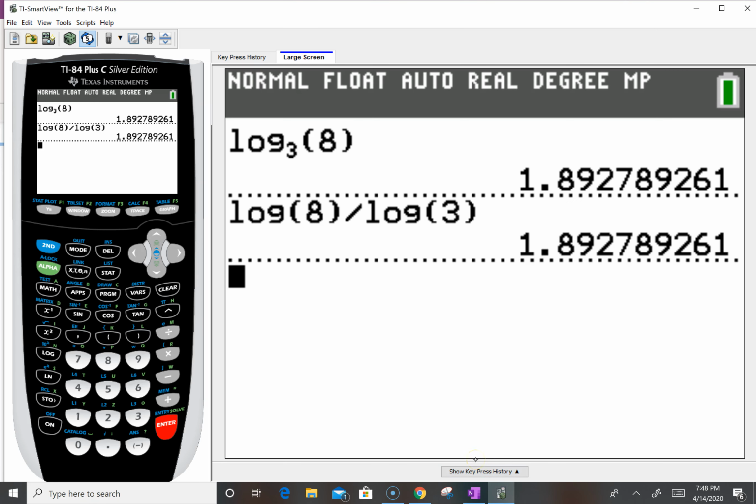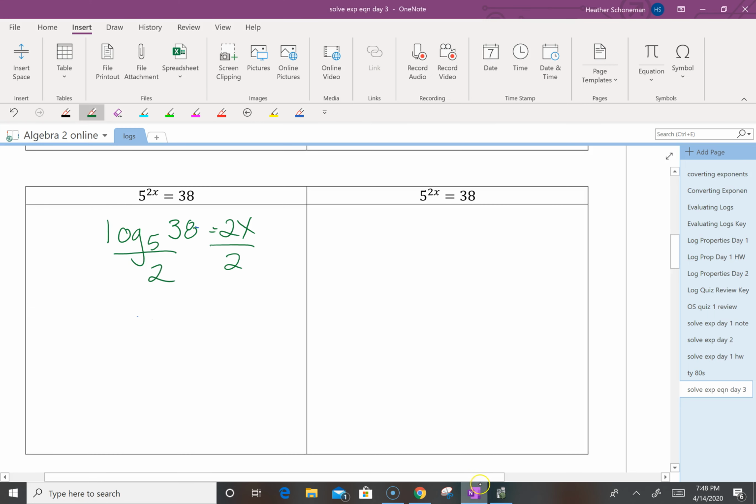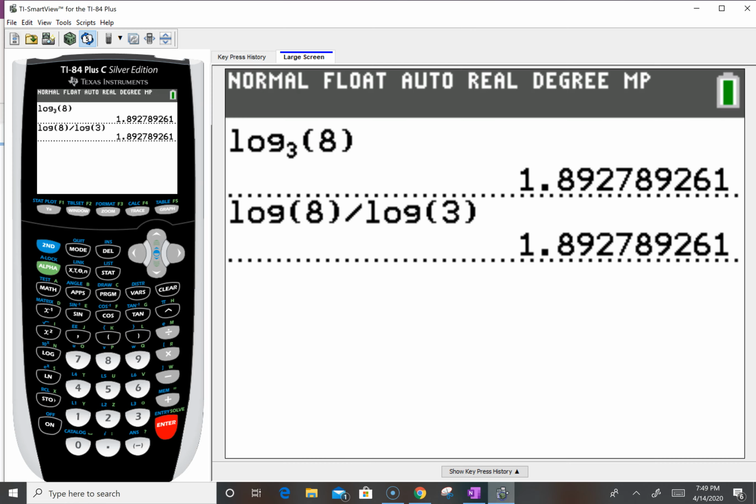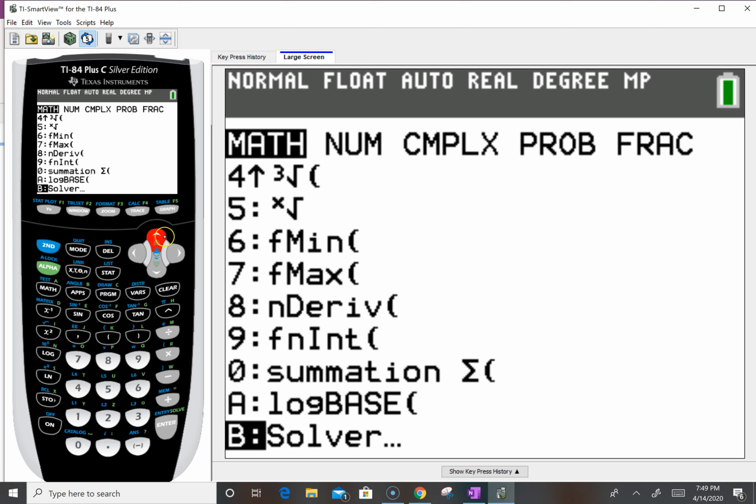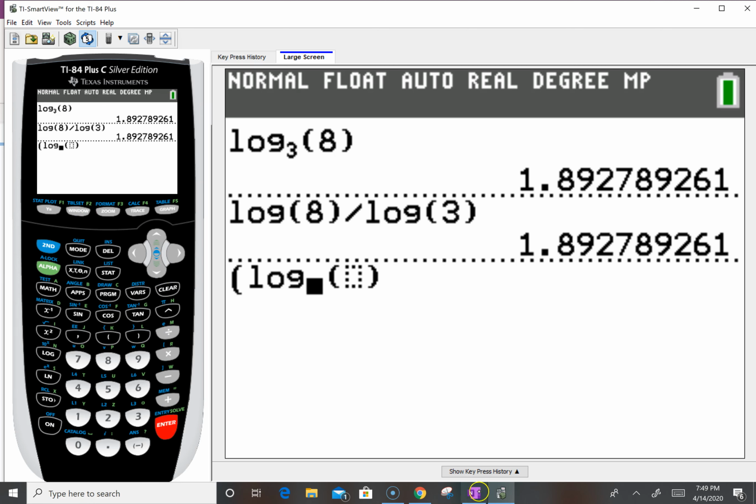So in my calculator, my calculator doesn't understand order of operations that well, so I want to put the numerator in parentheses so it understands all of that's in parentheses, and then I'm dividing my answer by 2. So I'm going to start my parentheses, and then I'm going to go to math, option A, and I've got log base 5 of 38.